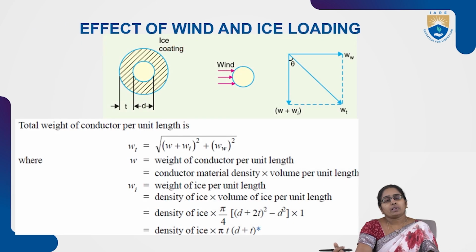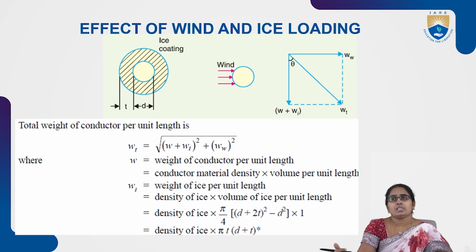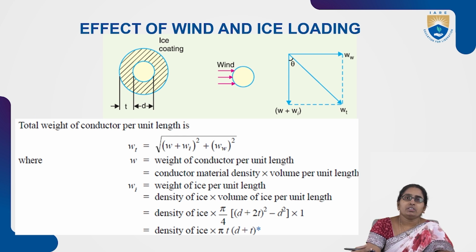Okay, continuing on the same thing, sag calculation. We need to see how the sag expression will change because of the effect of the weather. In the beginning we saw the factors affecting the sag and tension.